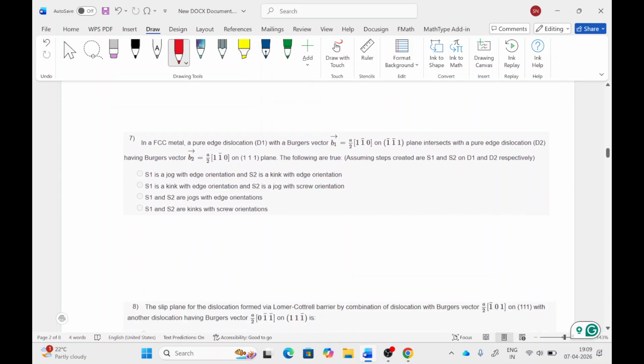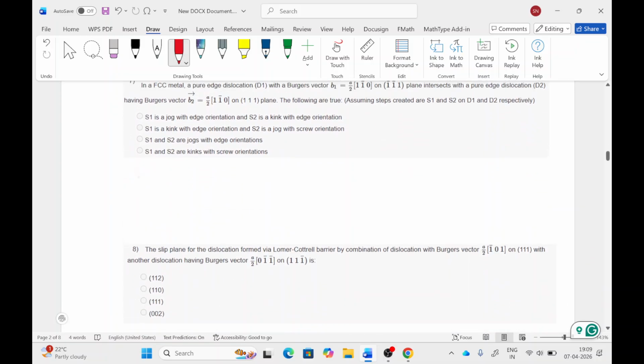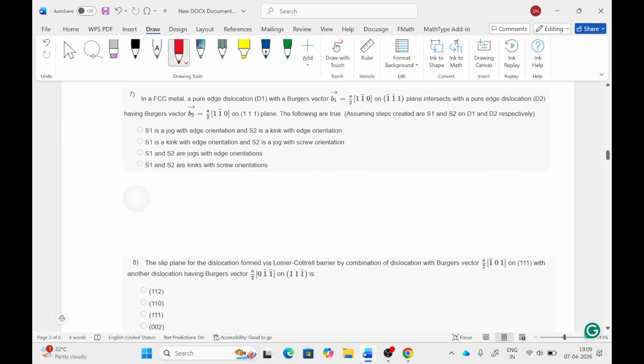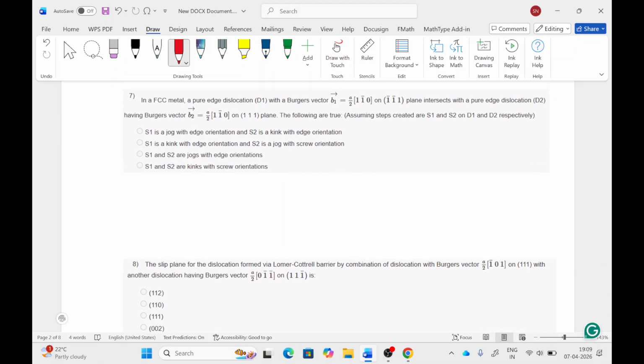Next question is, in an FCC metal, a pure edge dislocation D1 with a Burgers vector a/2 [1 bar 1 0] on the (1 1 bar 1) plane intersects with a pure edge dislocation D2 having Burgers vector of this.